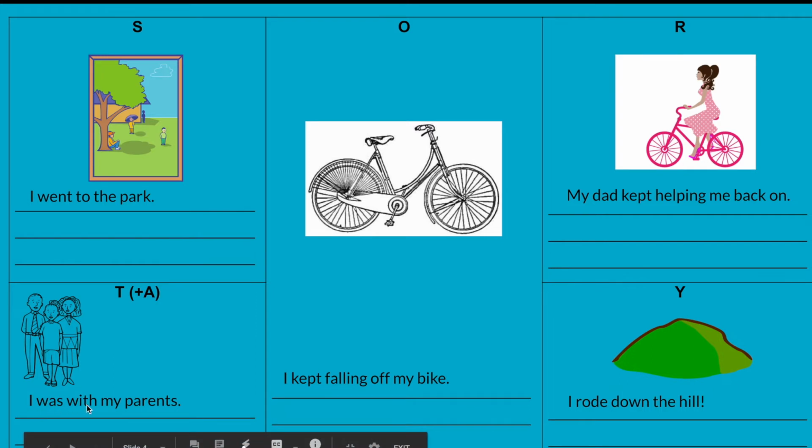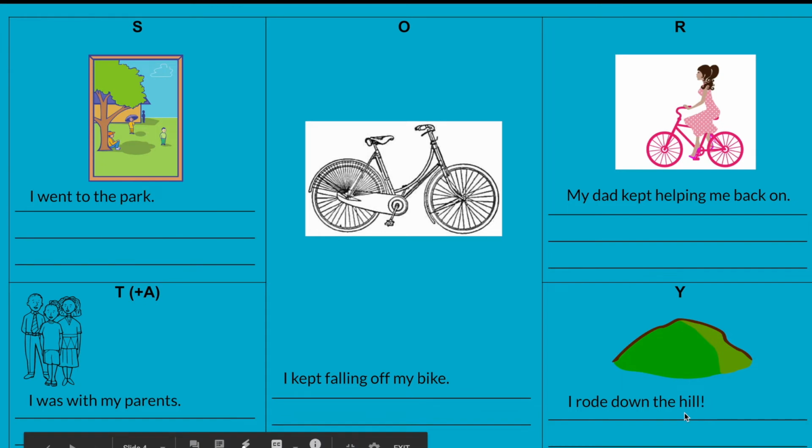I was with my parents. I kept falling off my bike. My dad kept helping me back on. I rode down the hill.